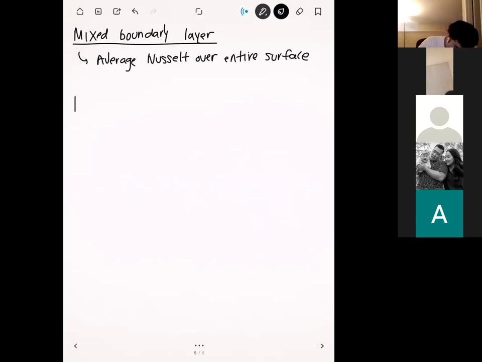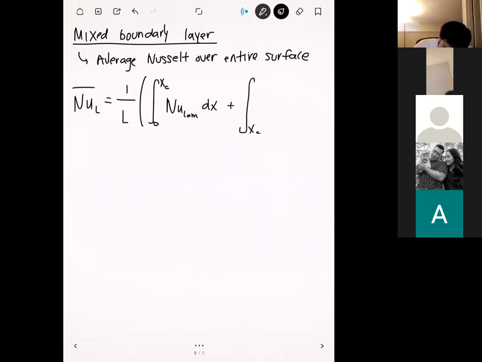We have Nusselt number, and I do sub L here because that's over the entire length. We're going to do 1 divided by L times the integral from 0 to xc of the laminar Nusselt number correlation with respect to dx, and then another integral from xc to L of the turbulent Nusselt number correlation.